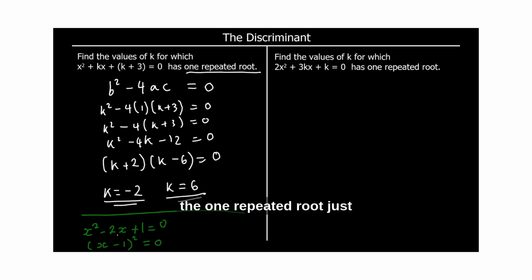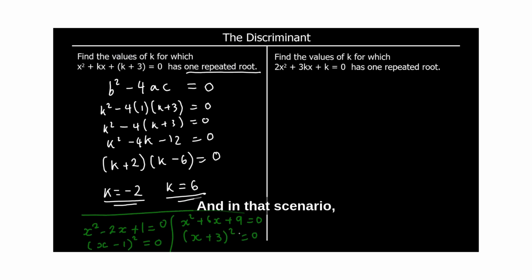So 1 repeated root, just one answer, which is 1. And then the same for 6. It'll be x squared plus 6x plus 6 plus 3, which is 9. And again, this time it's x plus 3 squared. So again, 1 repeated root, and in that scenario, it's negative 3.